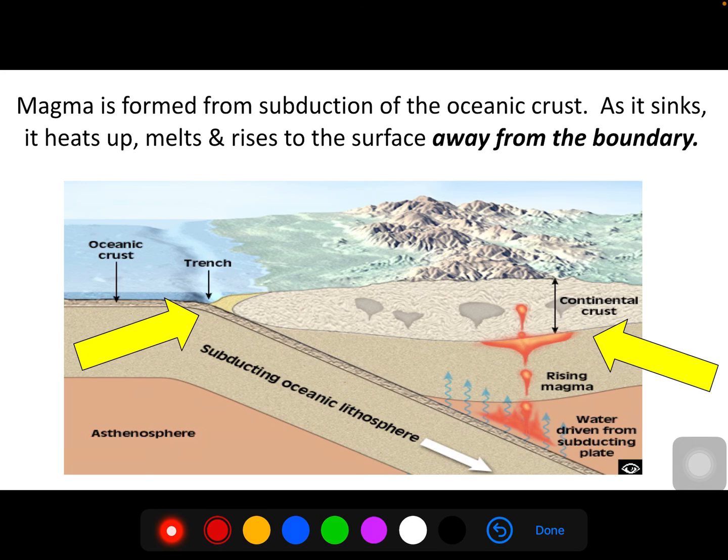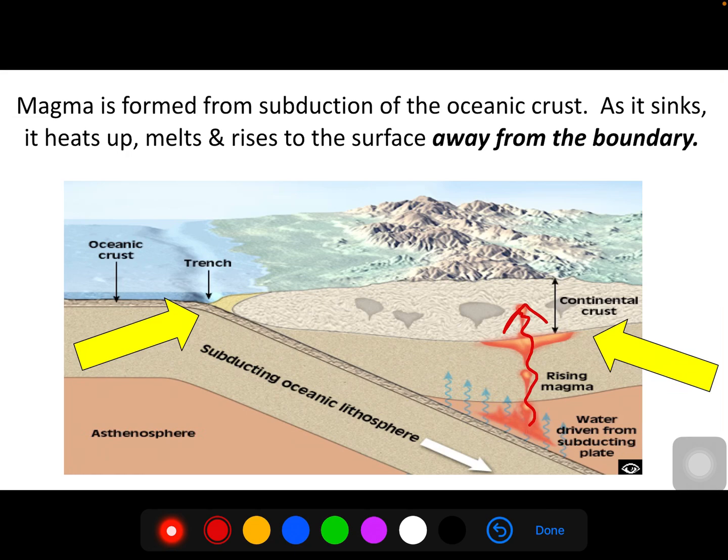Okay, and now what happens? What happens here is as this melts, this magma will start to rise right here.